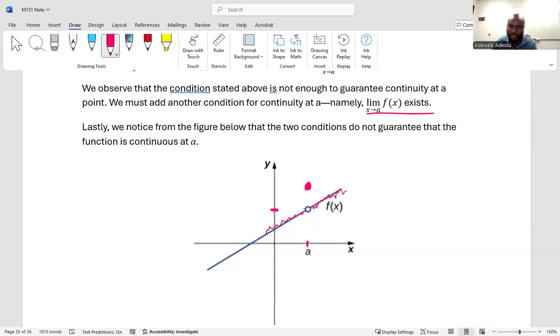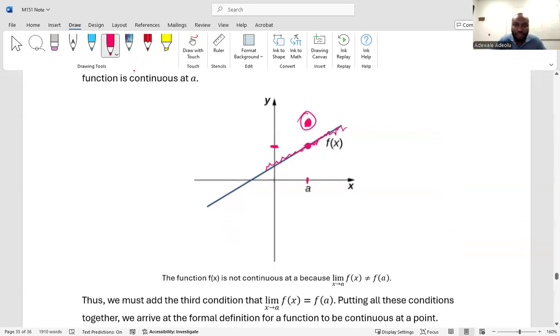You can say it is solid A. It is defined. However, it is not continuous because we still need to lift our pen here, meaning that there is another condition we need to look at. It is not enough for this function to be defined at A, or the limit to exist. It must be that the function's value is actually the value of that limit.